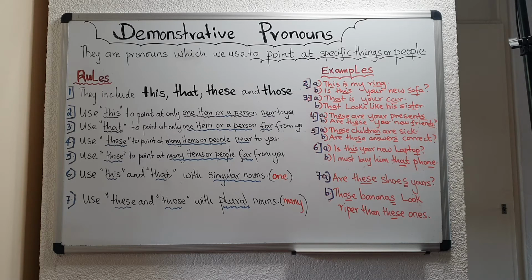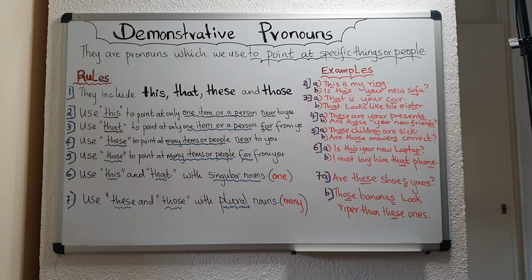There are some rules that you should follow to make sure that you use demonstrative pronouns correctly, either in writing or in your spoken English. Rule number 2. Use this to point at only one item or a person near you.